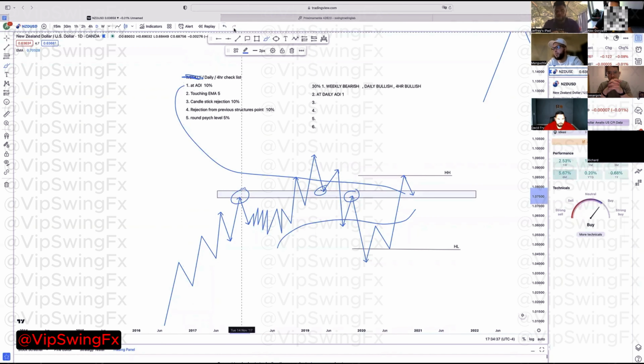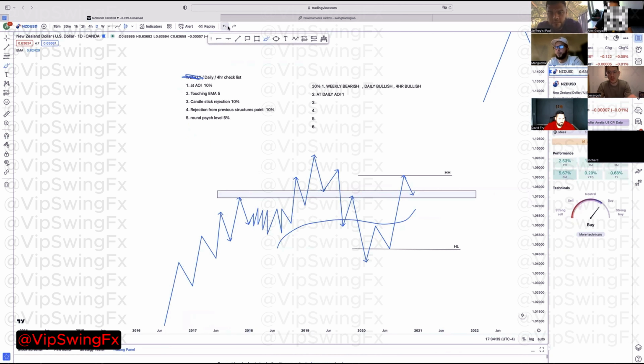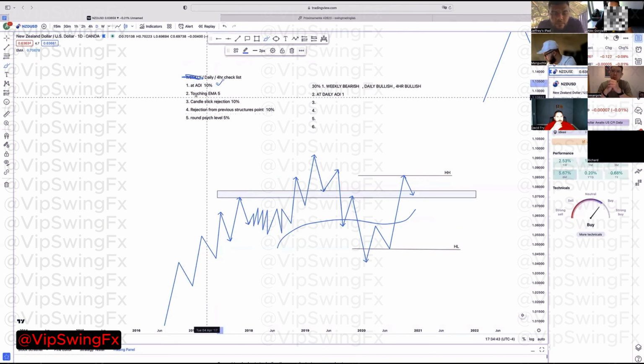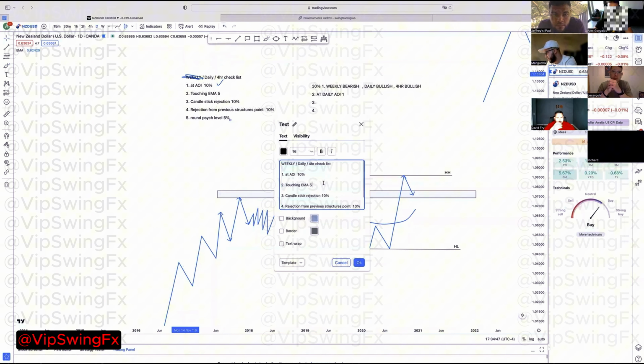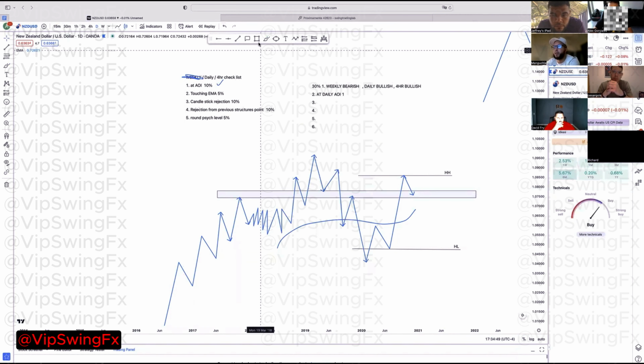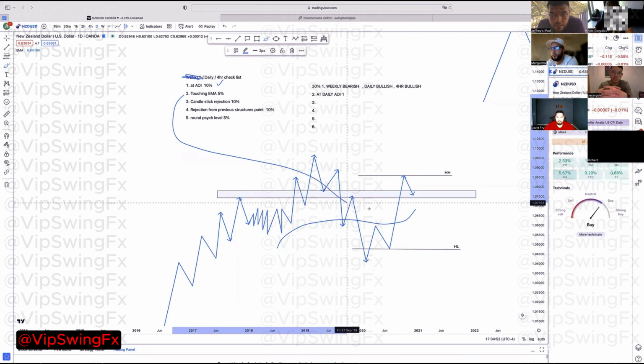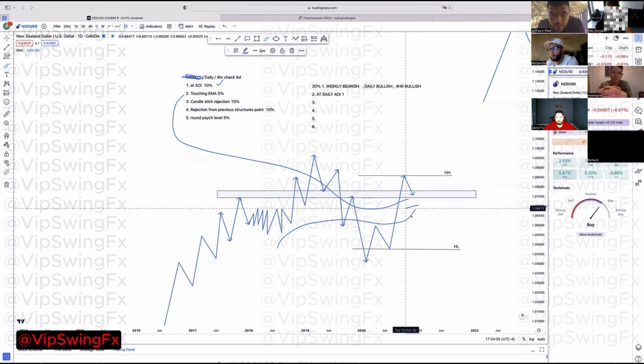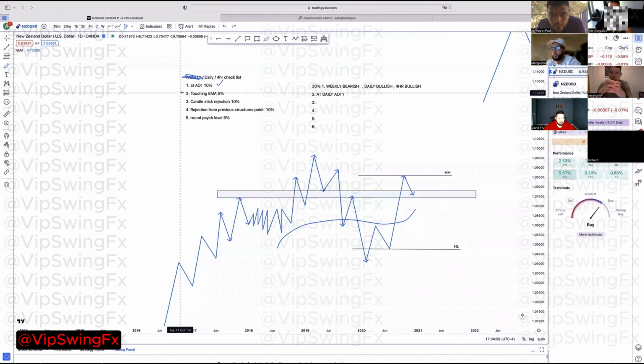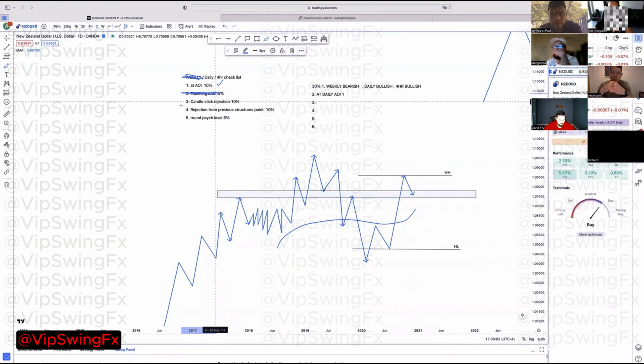Type 1 if yes, type 2 if no. Okay, correct. So this checks off. Are we touching the EMA? Type 1 if yes, type 2 if no. This is the EMA right here. So no, we are not touching the EMA. This gets removed.